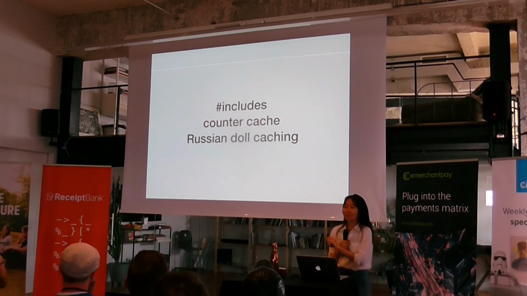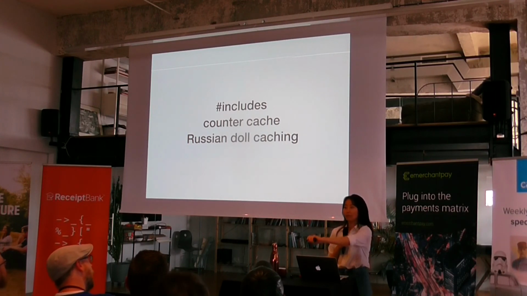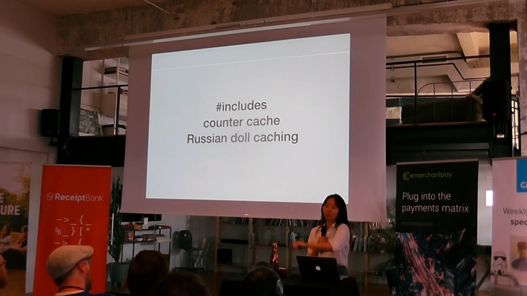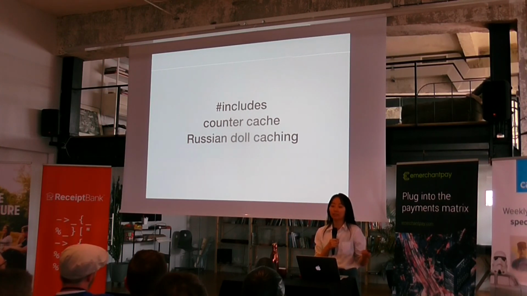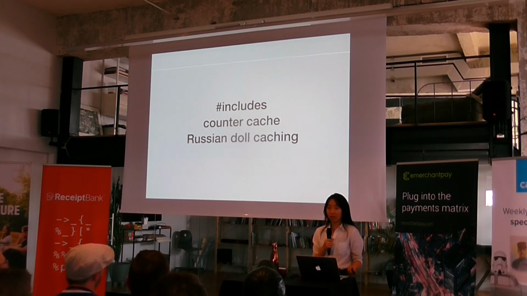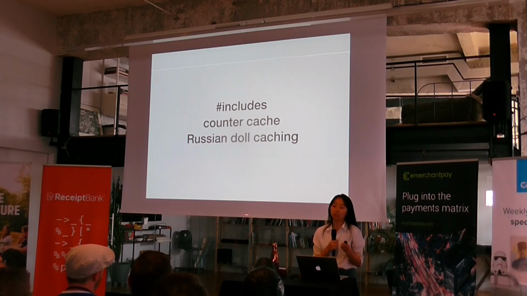Okay, so in this presentation, we've explored 3 ways to resolve these n+1 queries. The first included touching on preloads and eager loads. The second was the counter cache, and the third was Russian doll caching or nested caching in general in APIs. I'm not saying that one of these is better than the rest. Rather, it's really helpful to know all 3 of them, so that in your particular use case, you can easily identify which of these is best for your performance issue.